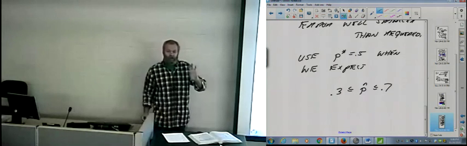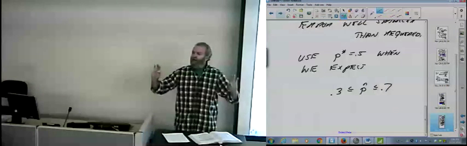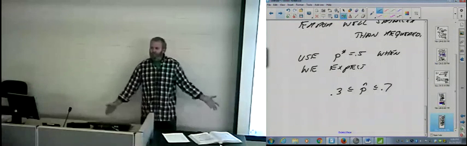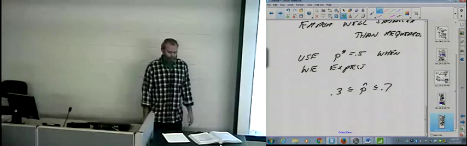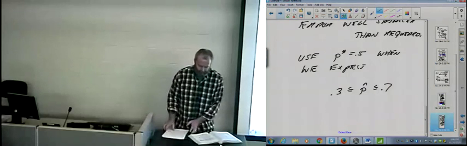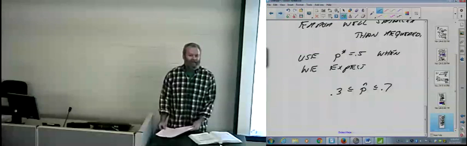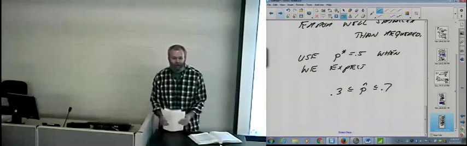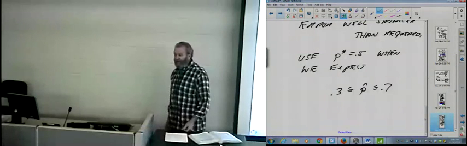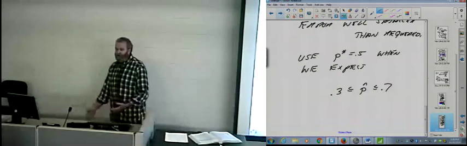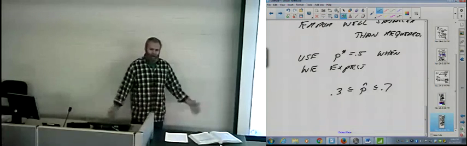In other words, if you're going to be close to 0 or close to 1, you better be looking for a pilot study or some other previous survey. Okay? Now, you don't get to make this choice. If the problem doesn't tell you to use that, you use 0.5 and we go on about our business.